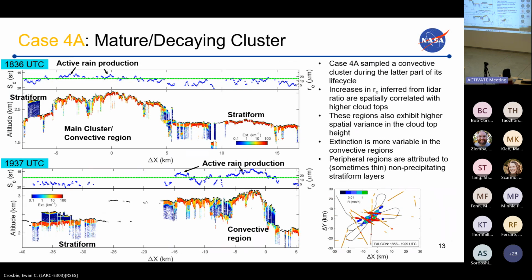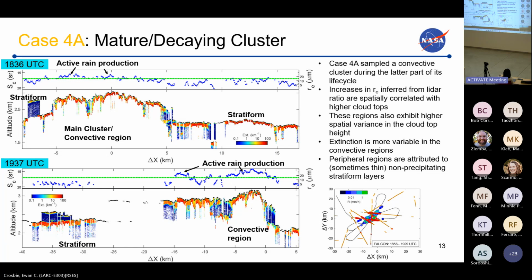So I took this and looked into it a little bit more in terms of trying to use this as a proxy for identifying precipitation. So here are 2 transects from case 4, which is one of our precipitating cases. Regions of low LiDAR ratio, so high effective radius, correlate with the regions where you have higher cloud top, more of a convective structure.